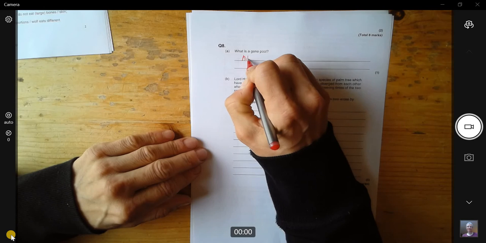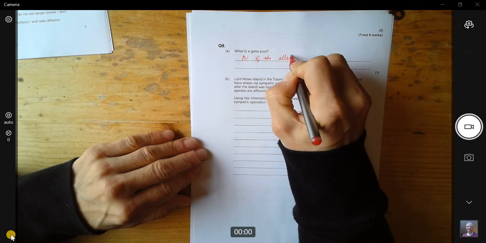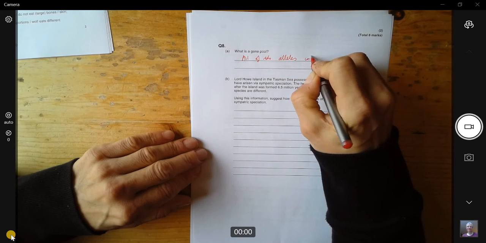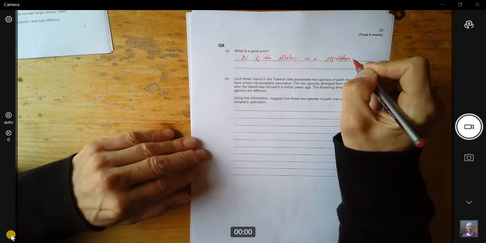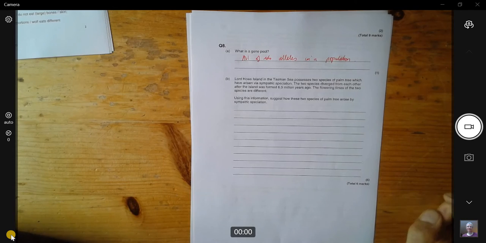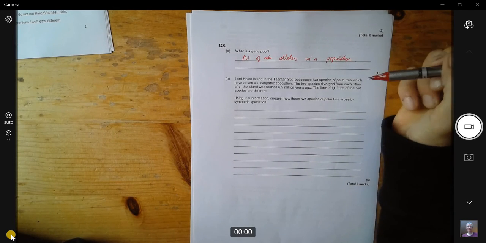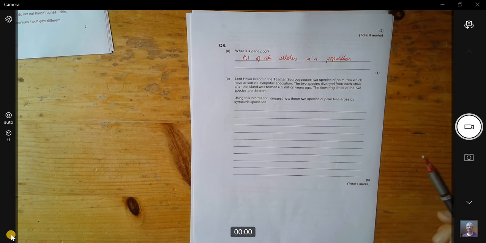So, all of the alleles in a population. You need to say in a population. No, you can't say all the alleles, because it could be some confusion there.